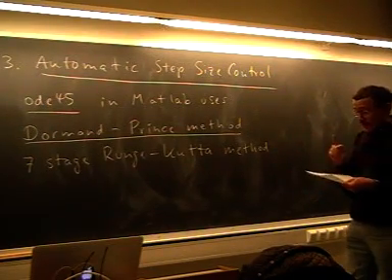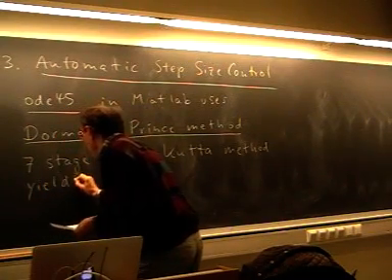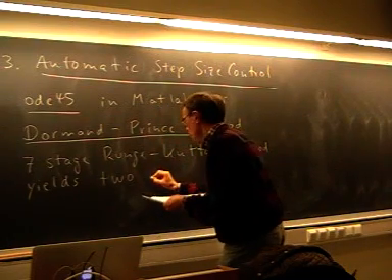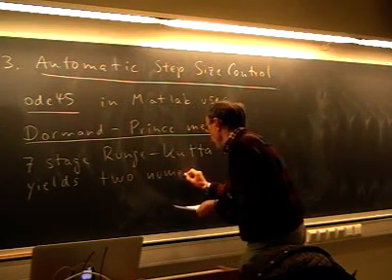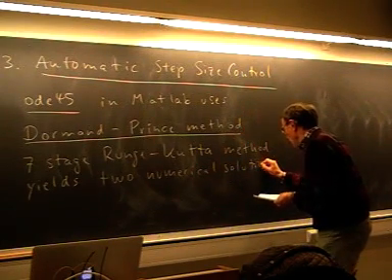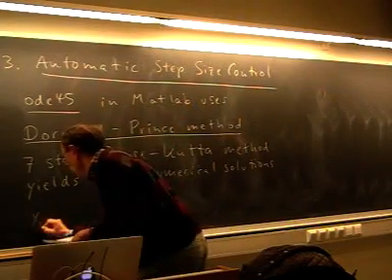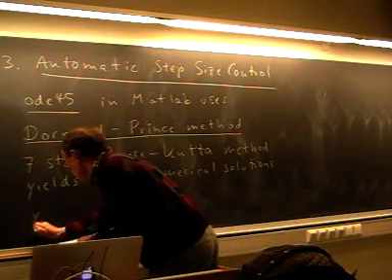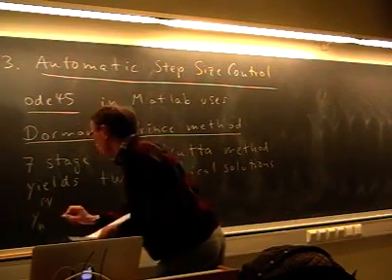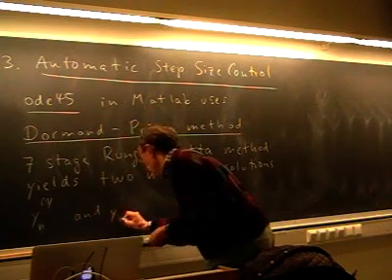And that yields actually two solutions. I want to denote them by y_n with an index below. The first one is y_n1, and the second one y_n2.